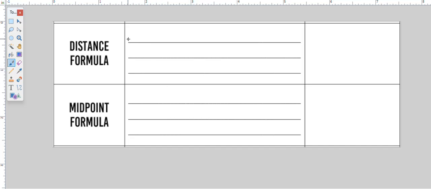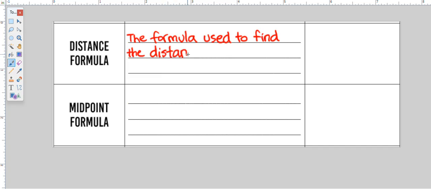This is the formula used to find the distance between 2 points on a coordinate plane.